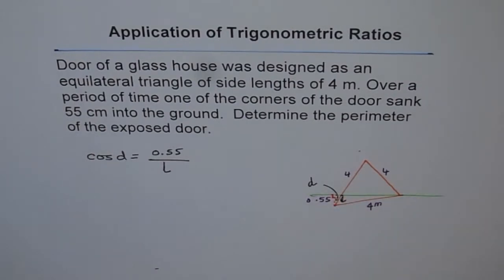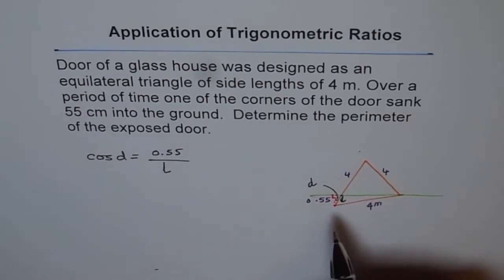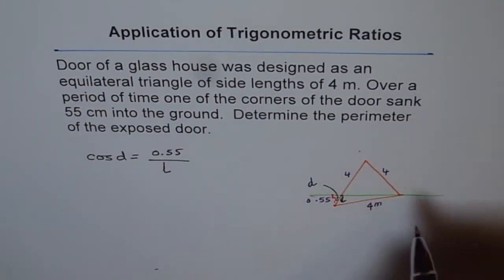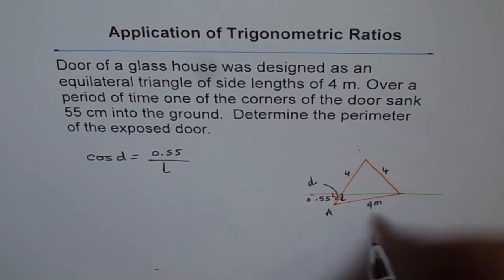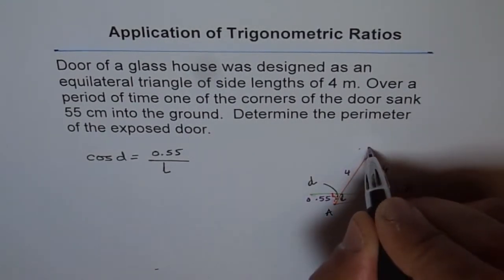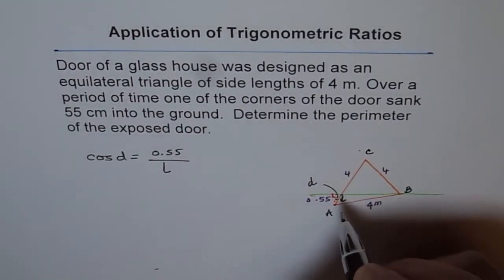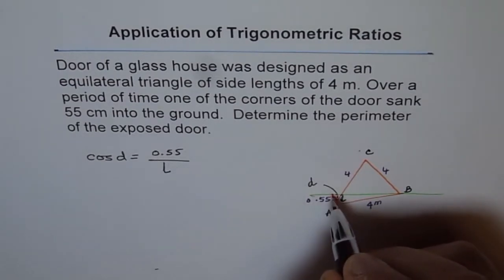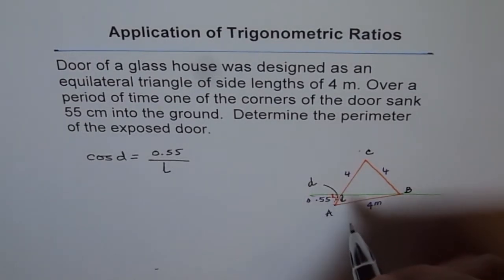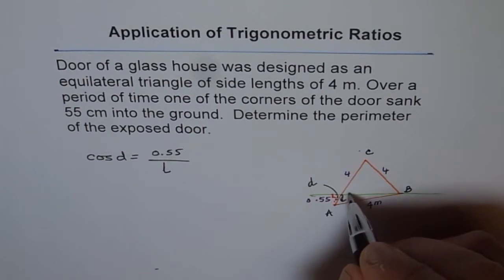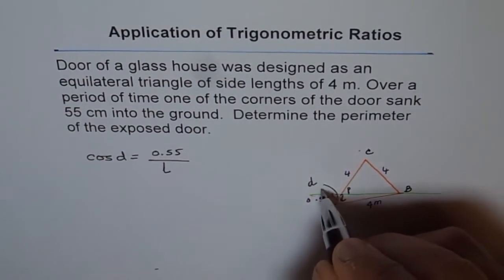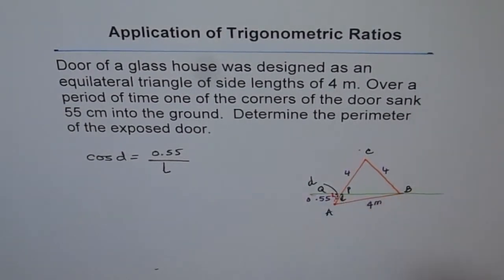Now one more thing we can see here is this. Let me label these points. Let's say the triangle is A, B and C, and this point is P and that point is Q for us.